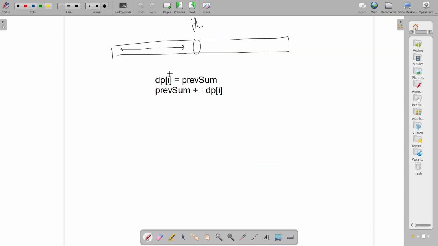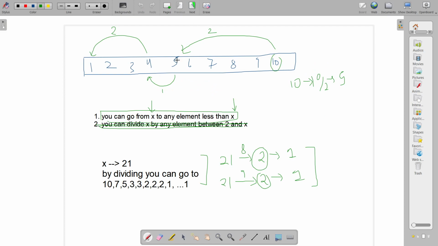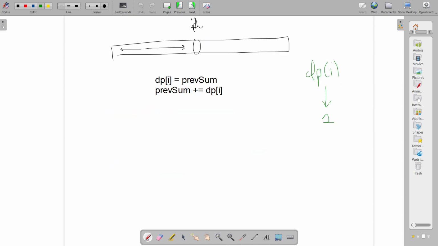Suppose DP of i means the number of ways to reach from the ith element to the first element by only the first type of operation. Then DP of i would be DP of i minus 1 plus DP of i minus 2 and so on.